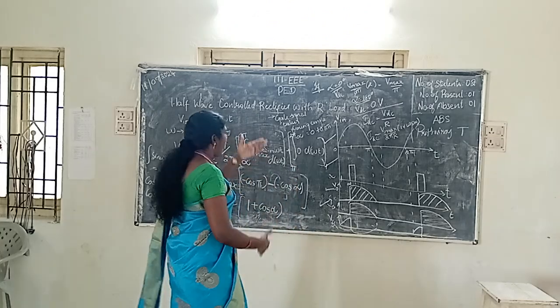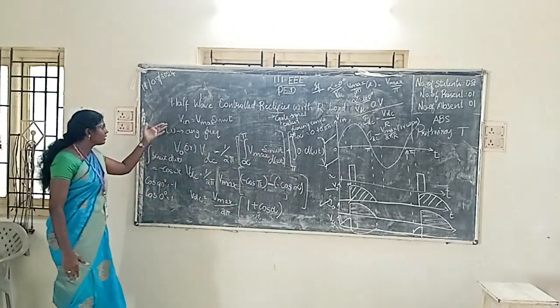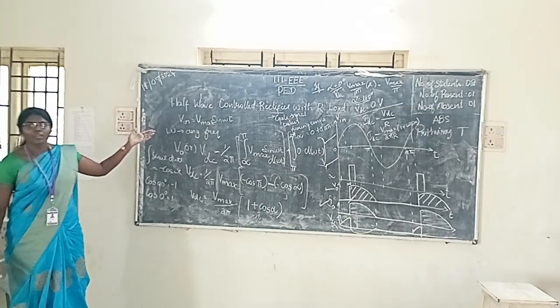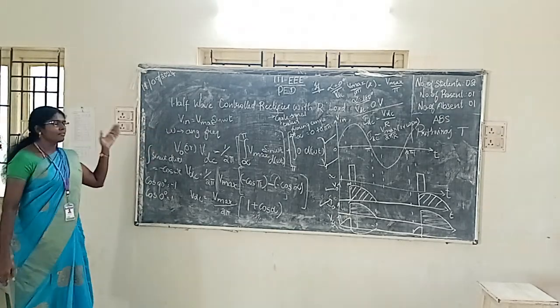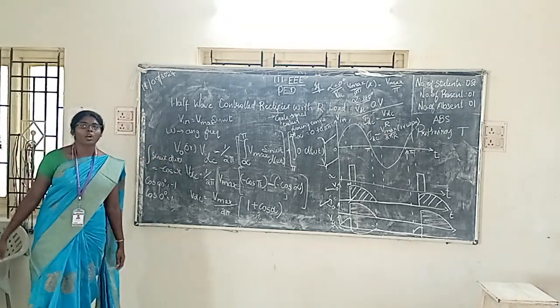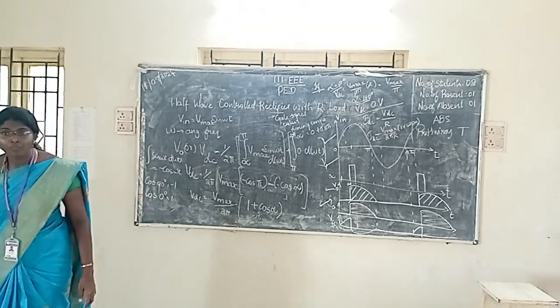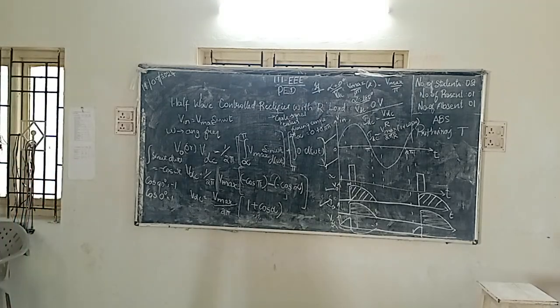Okay. So after drawing this graph, you will be doing this derivation. This is a small derivation from the input voltage. V in is equal to V max sin omega t, where omega is the angular frequency. Since the output is converted to DC, we can call the output voltage VDC.